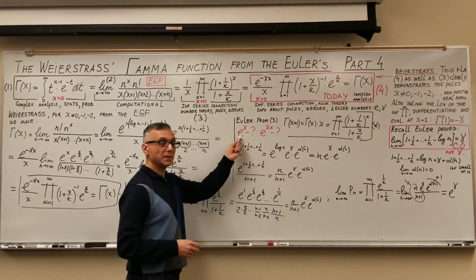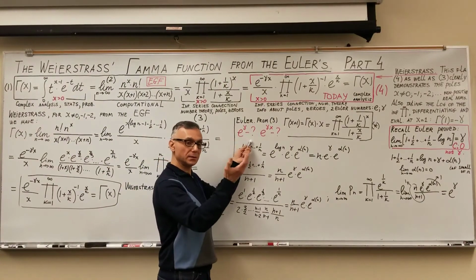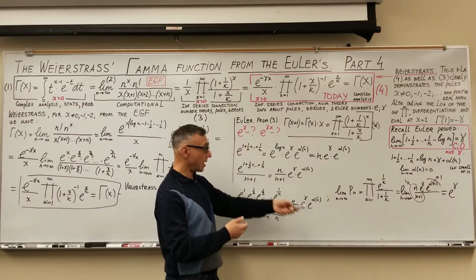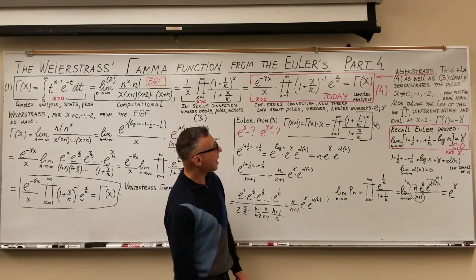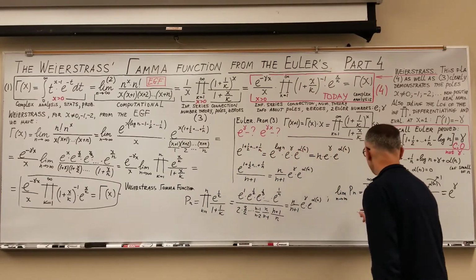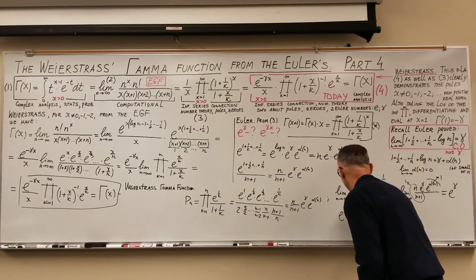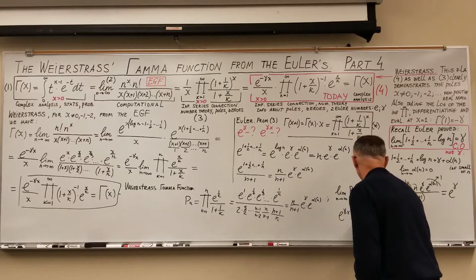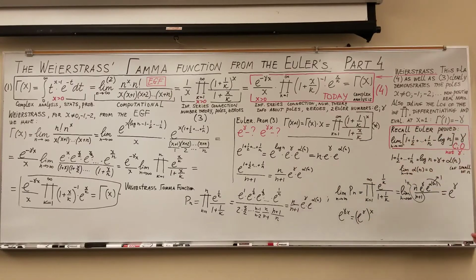So this is what we did. We just evaluated Euler's number raised to Euler's constant as an infinite product. Now let's look at e to the power gamma x. Very easy. So e to the power gamma x is equal to e to the gamma, to the power x.